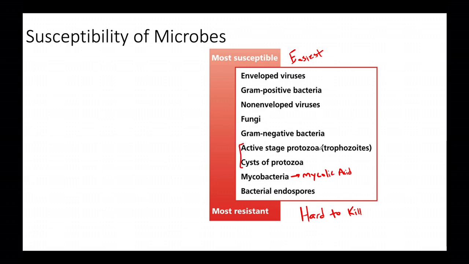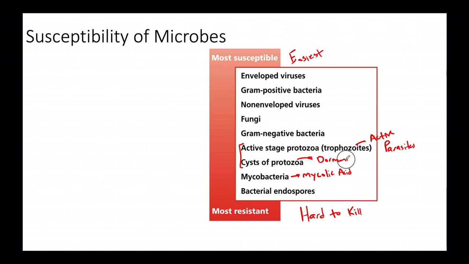This should look familiar to you because we saw this on our parasites. So when we talked about protozoans, there were two categories of them. The trophozoite was the active form, and the cysts were kind of the dormant or the inactive.